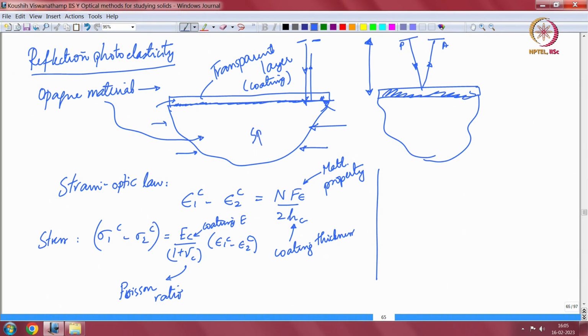Okay. And then what you have to do is find the stress in this. So, this is our specimen. The principal stress difference in the specimen, which I will give a superscript s, is in the same ratio as that with the coating.